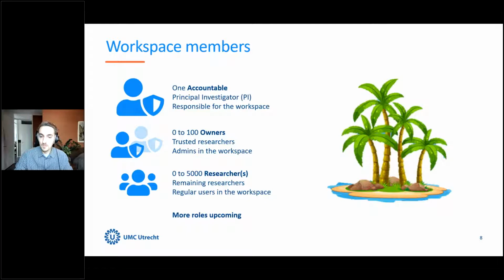They can also be people that have been assigned by the principal investigator to perform certain tasks. So if you want someone to make sure that everything is running correctly, as a principal investigator, you can make them an owner within your workspace. Does that make sense?